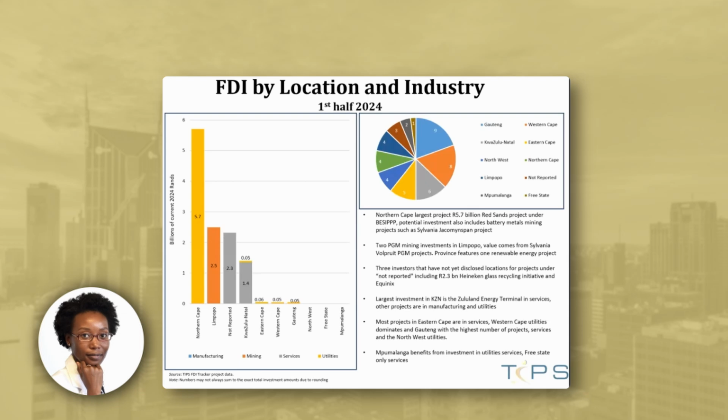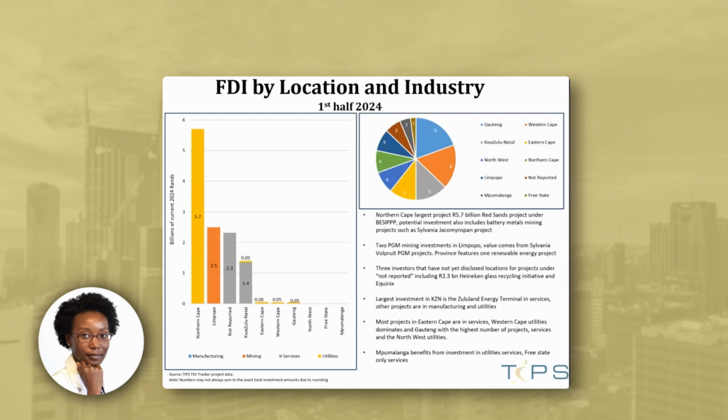And then when we look at Limpopo, there are 2 PGM projects that contribute to the 2.5 billion investment there. There were 3 investors overall that didn't disclose the locations for their investments.